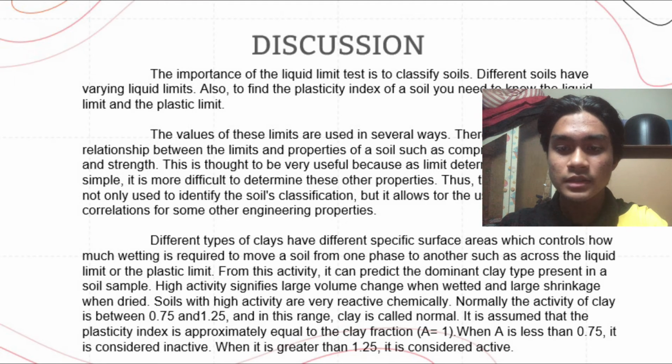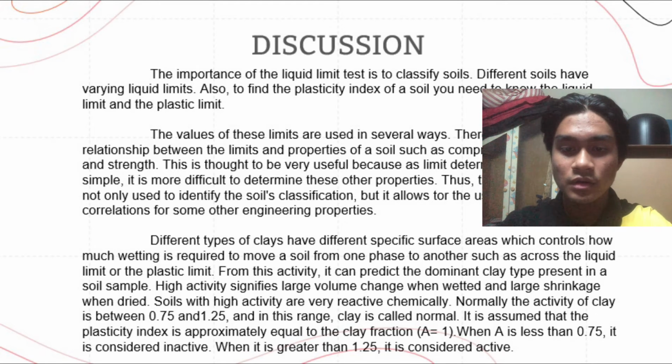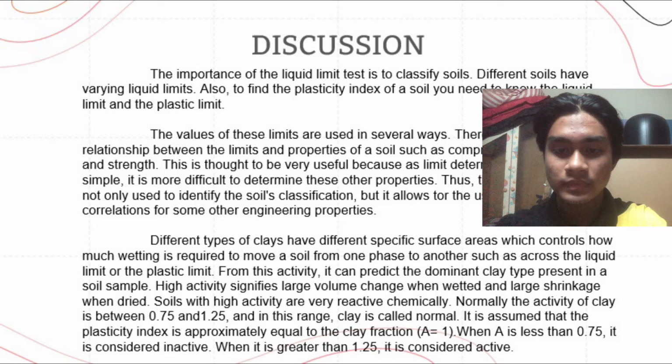From this activity, it can predict the dominant clay type present in a soil sample. High activity signifies large volume change when wetted and large shrinkage when dried. Soils with high activity are very reactive chemically.